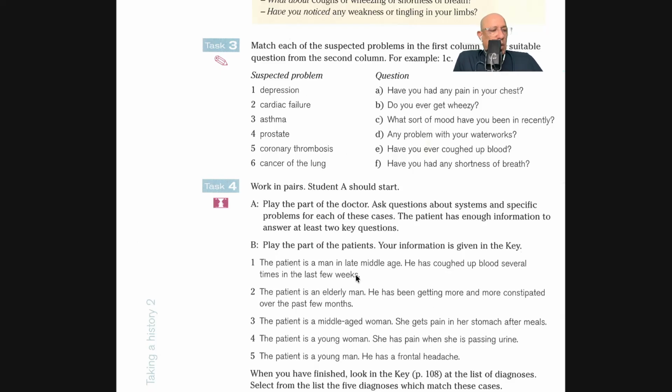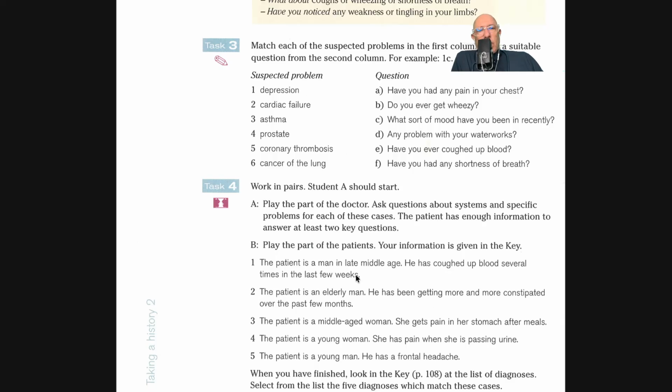Take a look, and since we're running out of time, I'm going to move through this quickly, and we'll do one last exercise, which I think you'll find useful. All right. 1, depression. What's the best question that a clinician would ask, and a doctor discussing symptoms and problems with the patient?